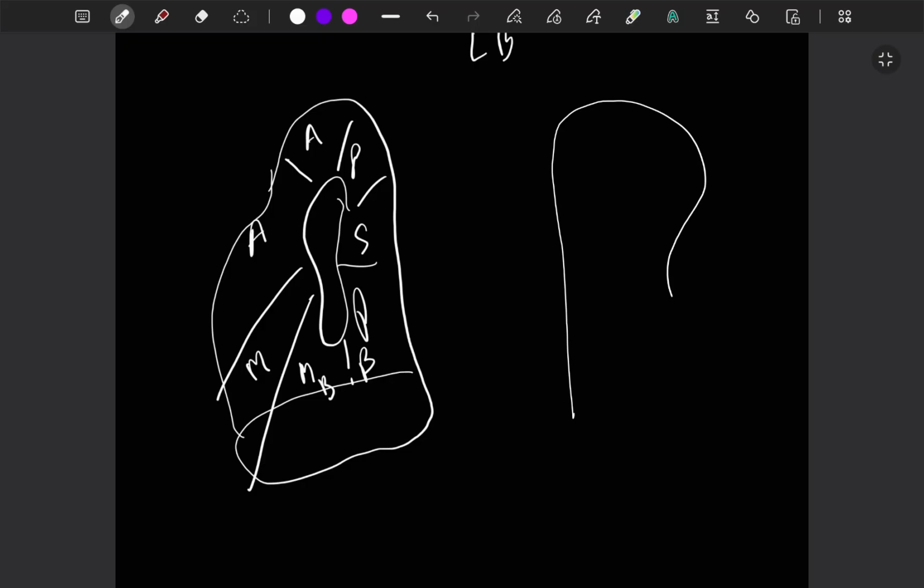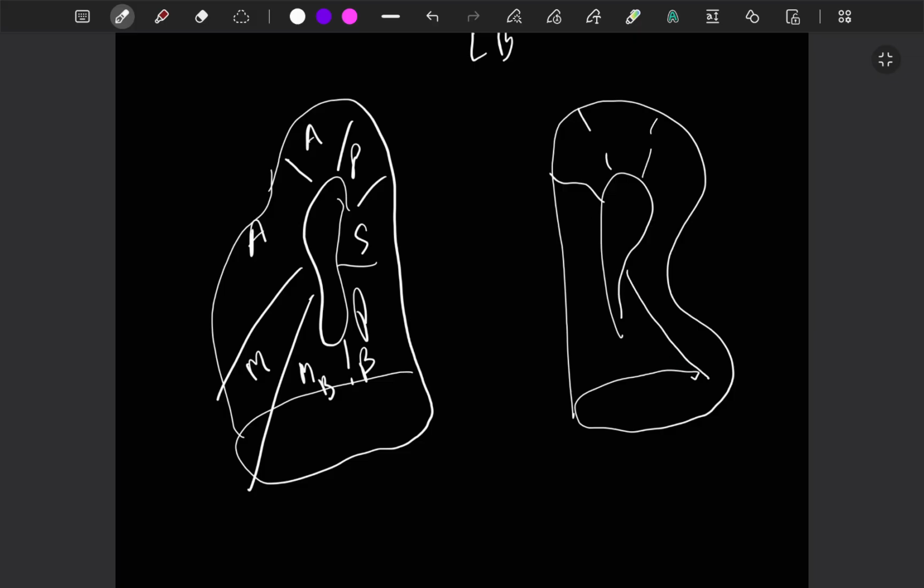Whereas in the left lung, this is the apical, anterior, posterior, superior lingular, inferior lingular, then comes the medial basal, posterior basal, and superior. Right.